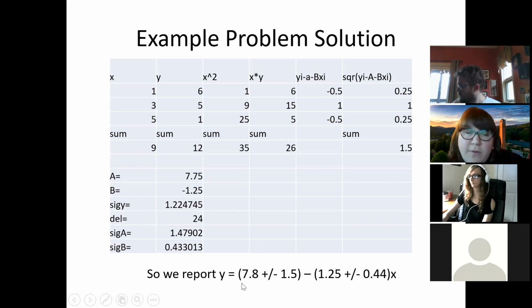We find a slope of negative 1.25 times x, and a y-intercept of 7.8.